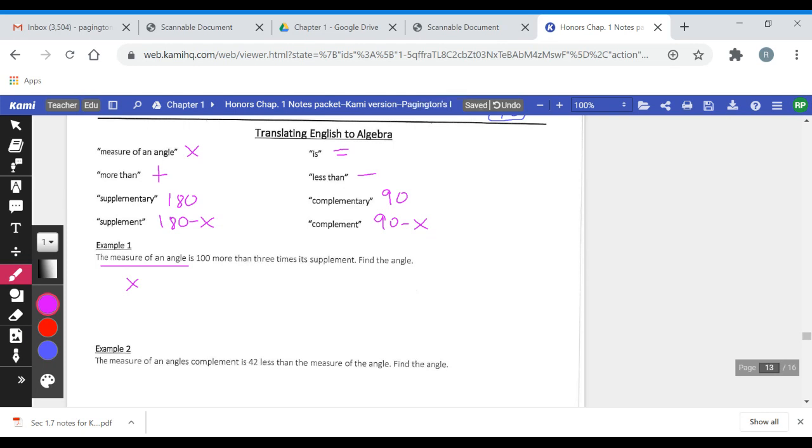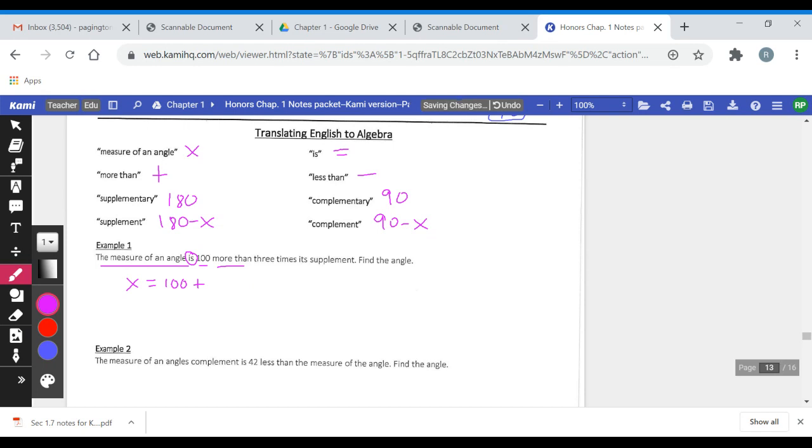The next thing it says is the word is, and that we're going to write our equal sign. And then it says the 100 here, so I'm going to write 100. And it says 100 more than, so for our more than, we're putting our plus.